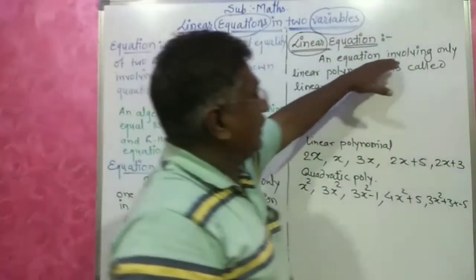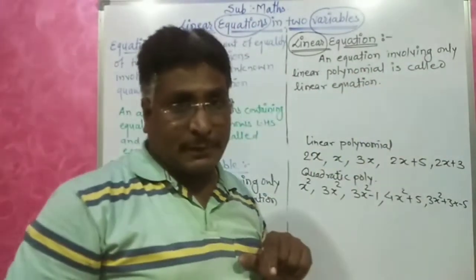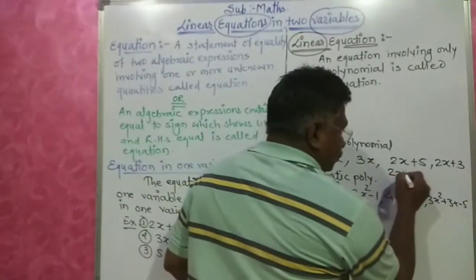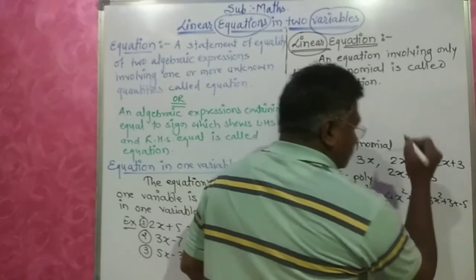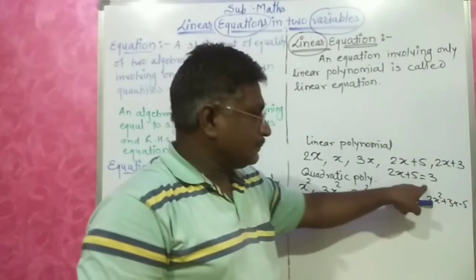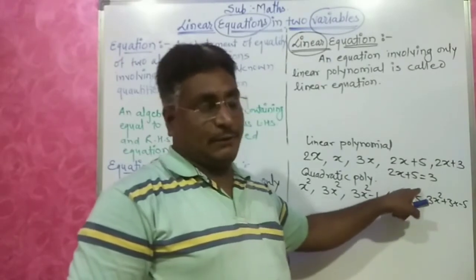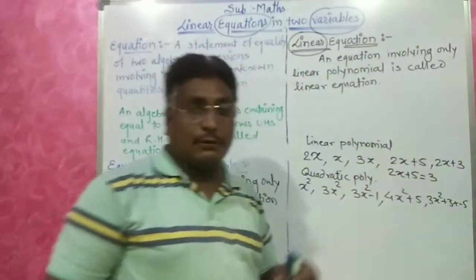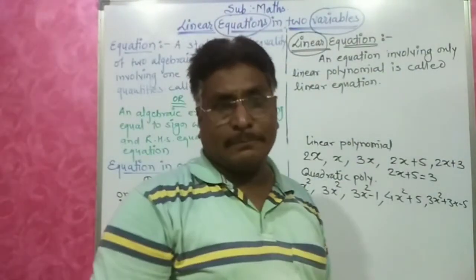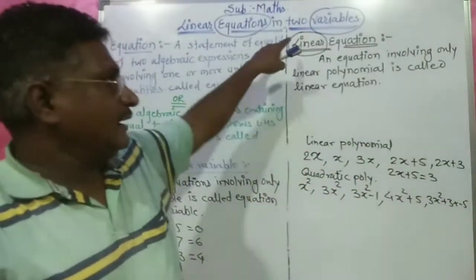An equation involving only linear polynomial. If in a linear polynomial we put an equal to sign, 2x plus 5 equals 3 or equals 0, this becomes a linear equation. When we put an equal to sign in a linear polynomial and write any number or term on the right side, it becomes a linear equation.